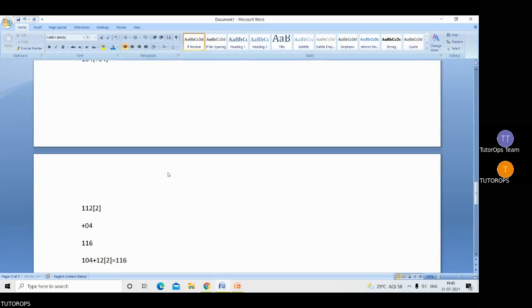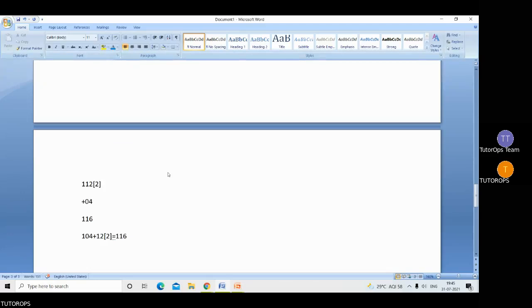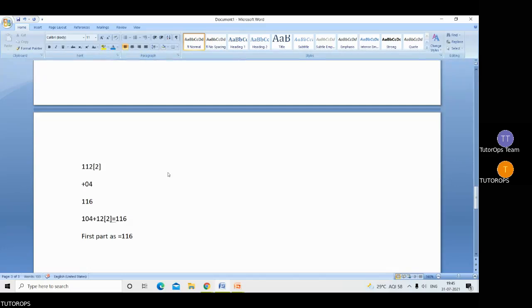So in both cases I am getting the first part as 1, 1 and 6. Remember one thing, that the surplus of the bigger number must be reduced to the 3 digit, because I am here to similarize two numbers. Okay, so the first part is 116, but what will be the last part?